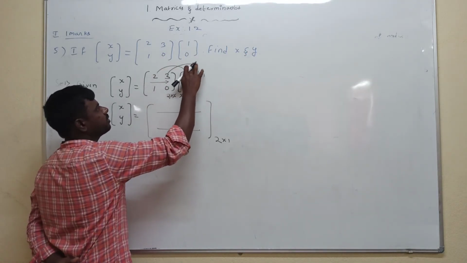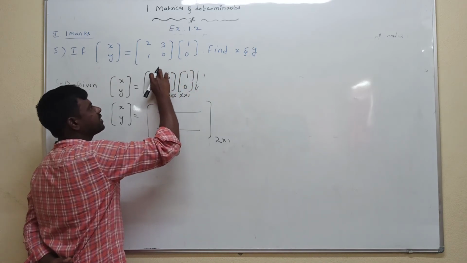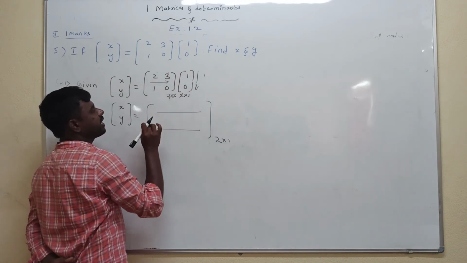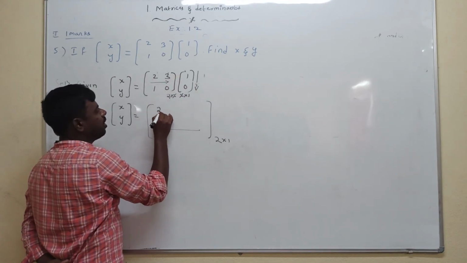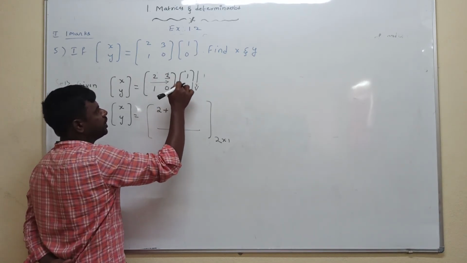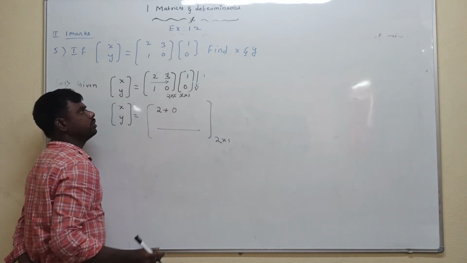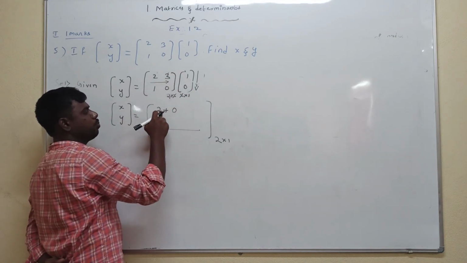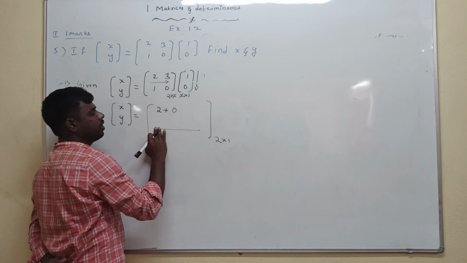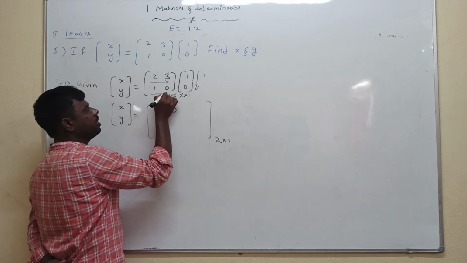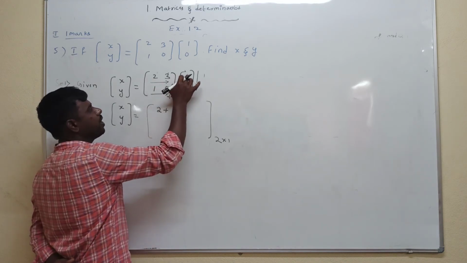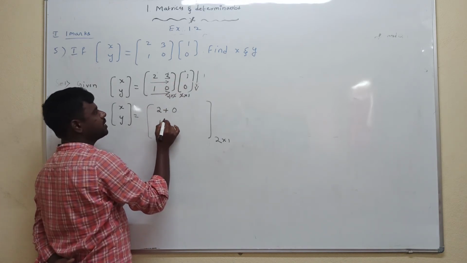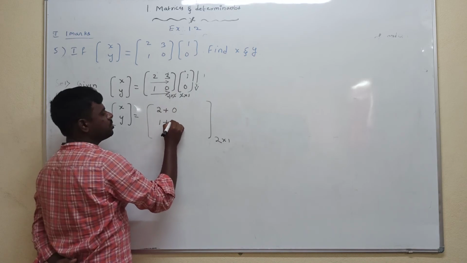So first element into first element, after that second element into second element. 2 into 1 is 2, plus 3 into 0 is 0. This first row is done. Next we are going to second row, first column. So 1 into 1 is 1, plus 0 into 0 is 0.